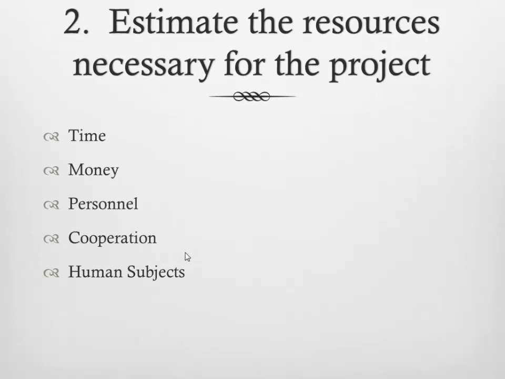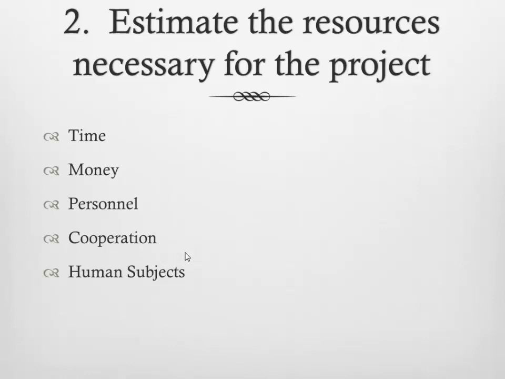Money is an issue in survey research. It will be an issue in determining the type of survey that you do and the number of surveys that you can ask people to complete. Again, things like mailing, things like getting people to help you with large surveys, all those sorts of things, buying paper and envelopes, or entering data, all those sorts of things may be associated with money, depending on where you're doing the research.